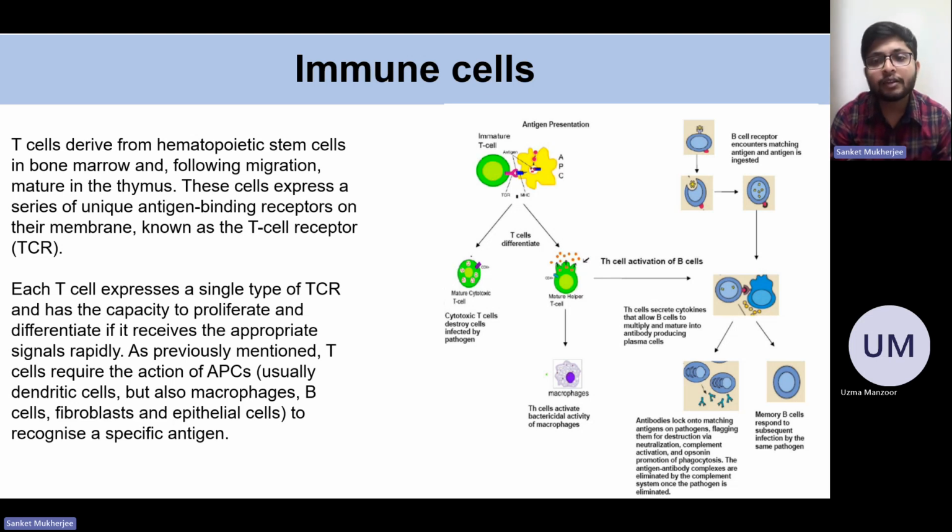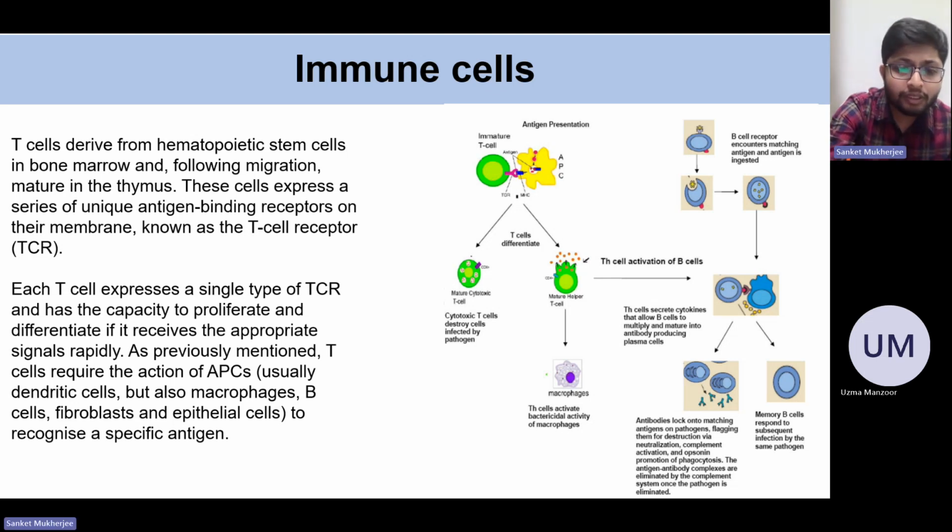They are usually dendritic cells, macrophages, B cells, fibroblasts, and epithelial cells, to recognize a specific antigen. So the idea is the antigen presenting cells will digest the pathogen and present the antigen, and then these antigen presenting cells would be recognized by the T cells.